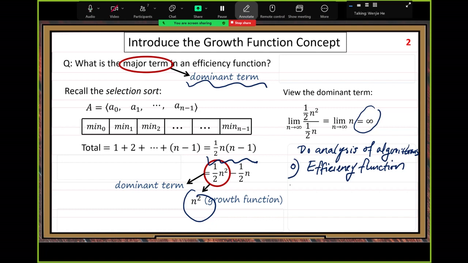Then step 1. Because usually the efficiency function could be relatively complicated, it contains multiple terms. So now we do the first round of simplification.